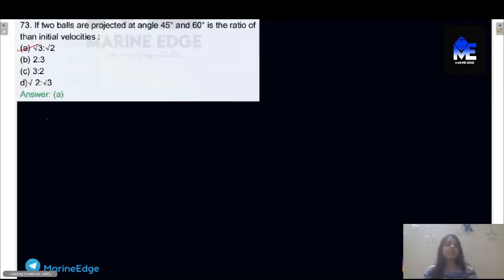Now, moving on. If two balls are projected at 45 degrees and 60 degrees, it is asking for the ratio of the initial velocities. For this, I think the question here is incomplete.